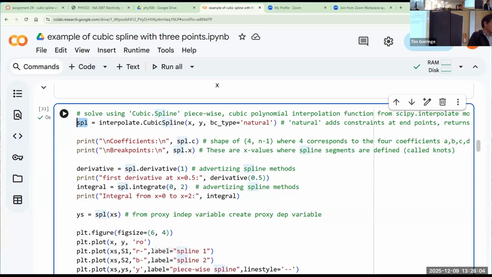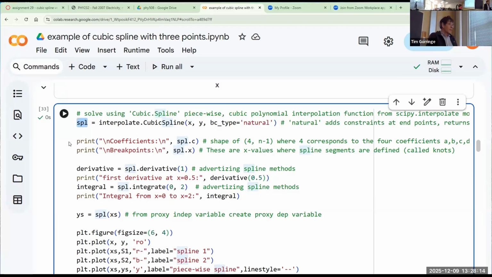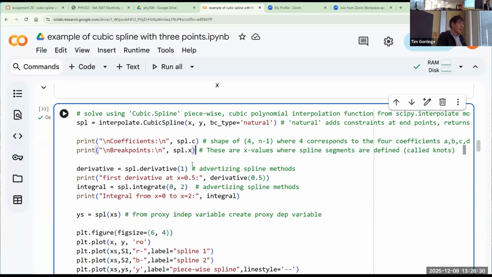Just to advertise some of the methods that come with it, we can print the coefficients of the spline. You can print the knots, or the breakpoints, or the joints in the spline, so you can see where the joints are with this method here.